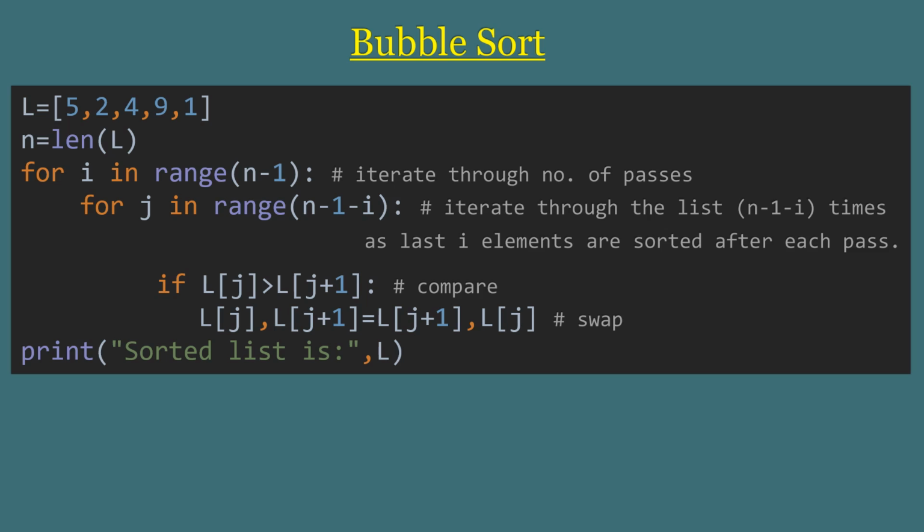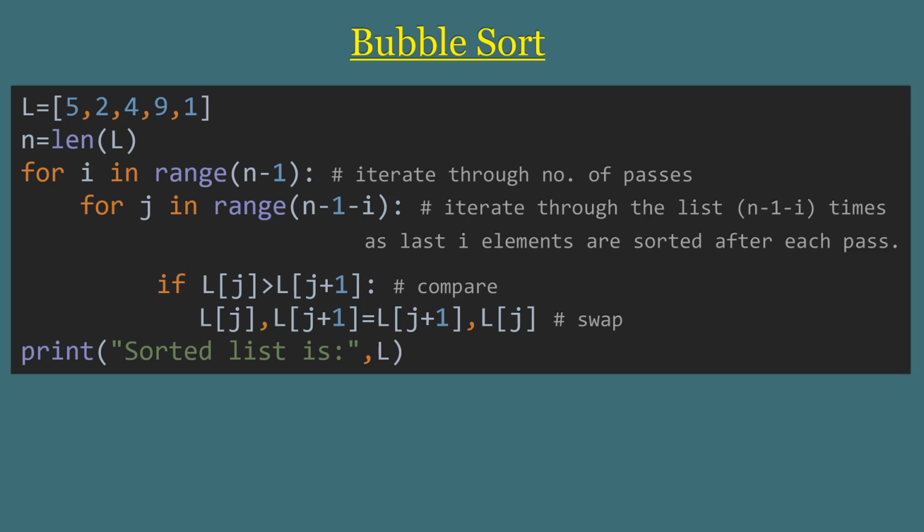During this loop, comparison and swapping will be done. This loop will range from 0 to n minus 1 minus I. Why? Because at the end of each outer iteration, your last I elements will be sorted.